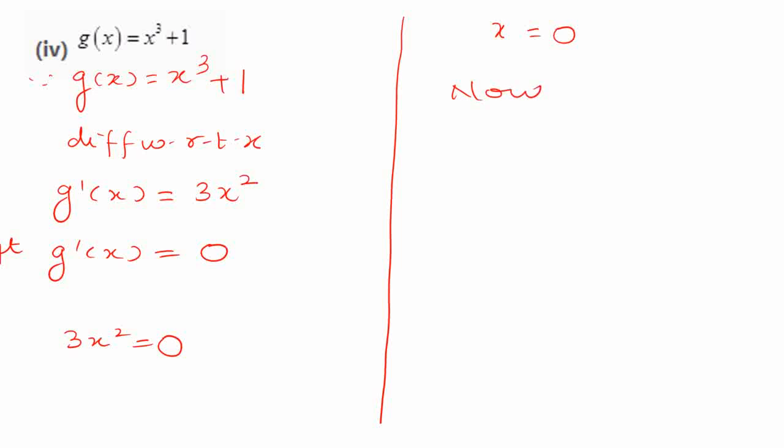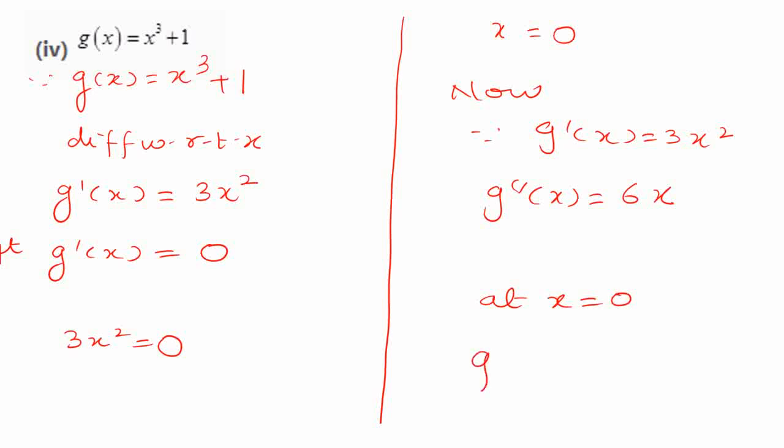Now, since g dash of x is 3x square, g double dash of x will be 6x. So now here the term we got is not irrespective of x. X term is there. That means at x equal to 0, we have to check g double dash of 0. So 6 into 0 equal to 0.